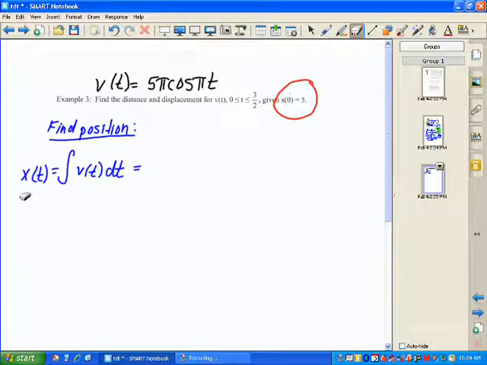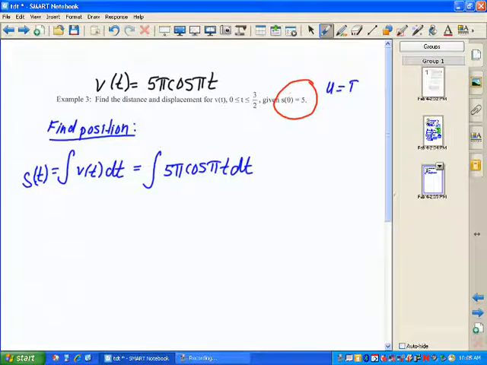Don't worry, I know how to erase. S. Okay, so let's put this in here. 5 pi cos pi t dt. You know this drill. For the 10th time.